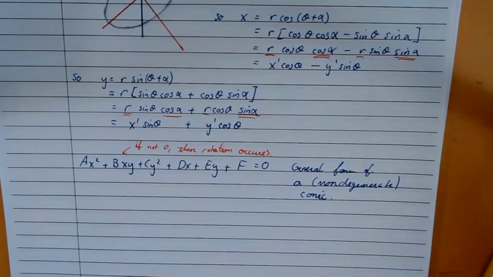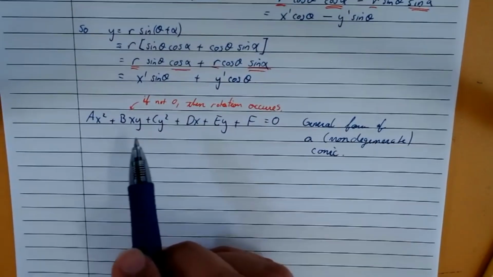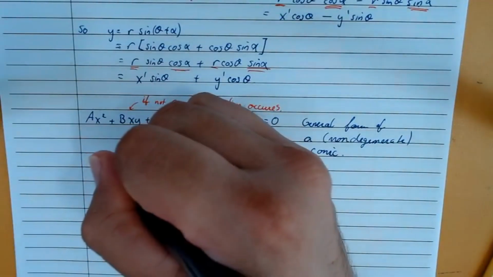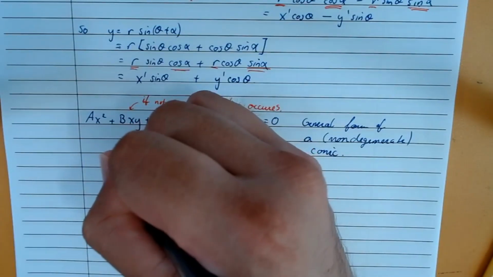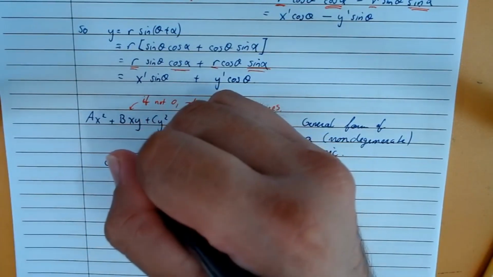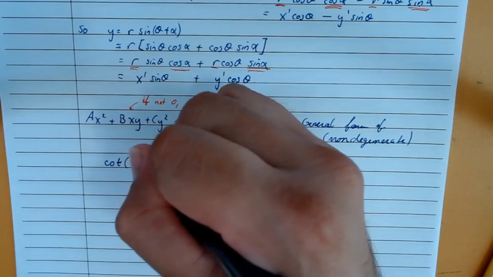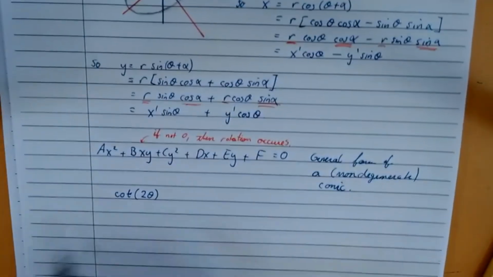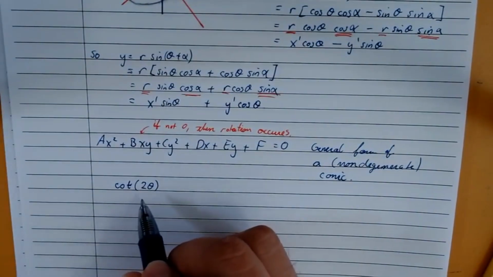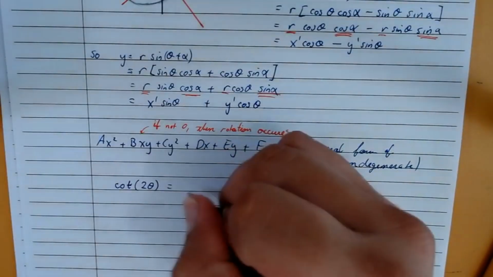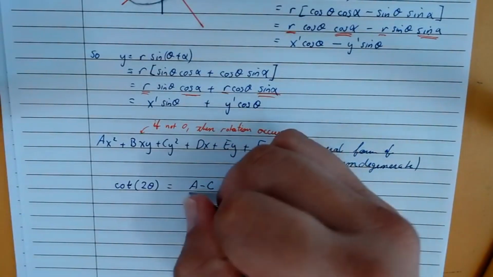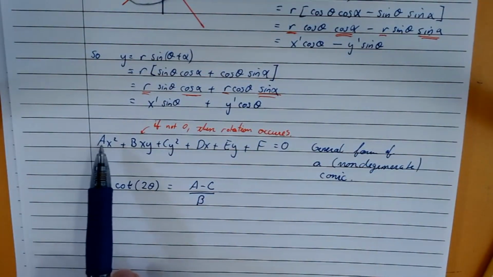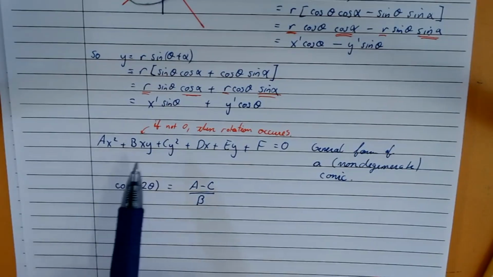So here's that result that would take, it is doable, but it's also extremely long and tedious. The result, however, is fairly nice. The cotangent of double the angle that you're going to rotate by, remember that's what theta stands for, it's the angle that you're rotating by, the cotangent of 2 theta is equal to a minus c over b, where a is that lead coefficient, that number in front of your x squared.